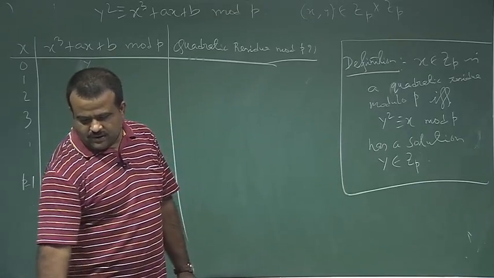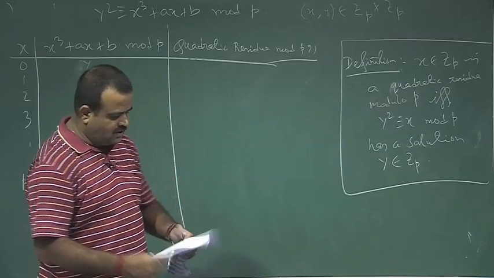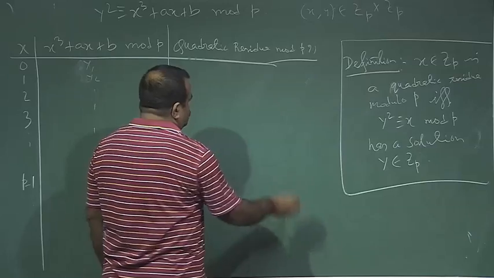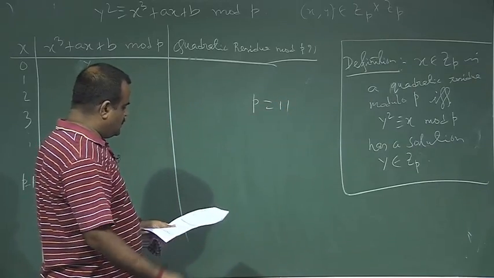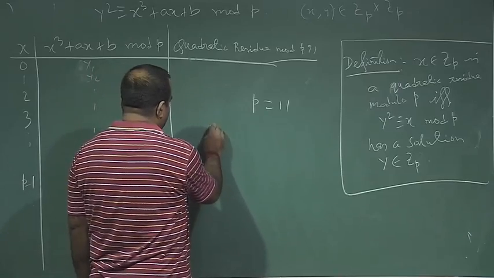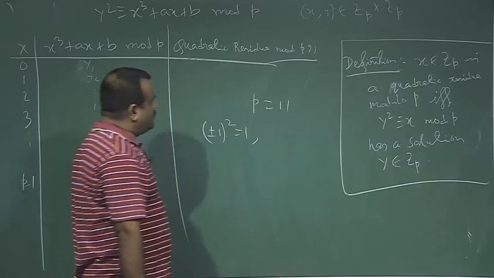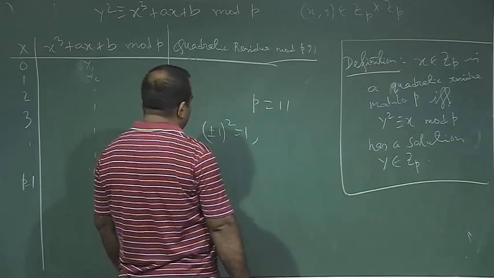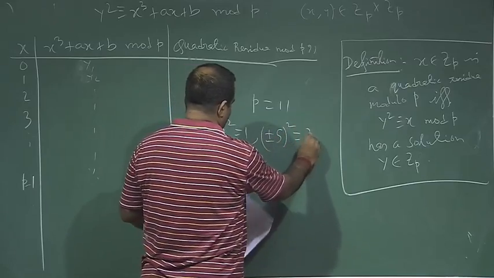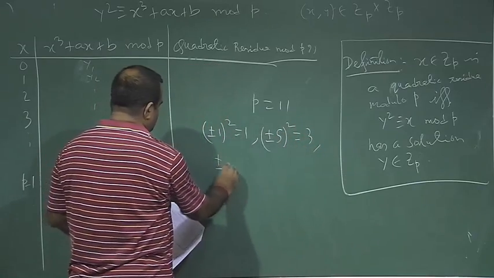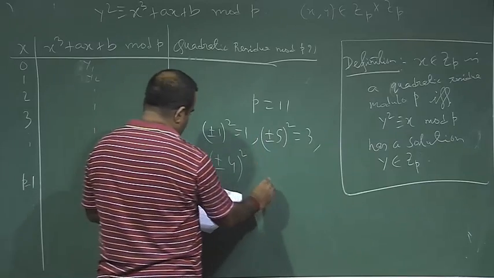For example, if we take p is equal to 11, then we have to check what the quadratic residues are under this. If you just calculate this, plus minus 1 squared is 1. We consider all the points before 11. Plus minus 5 squared is basically 3, plus minus 4 squared.